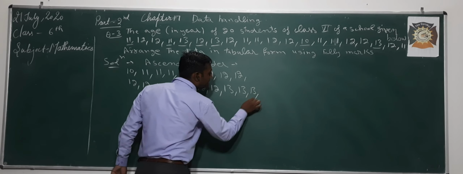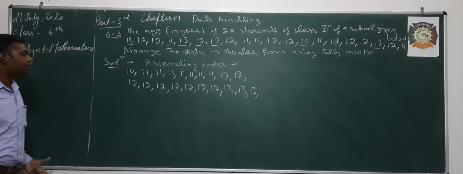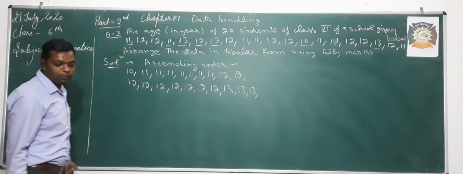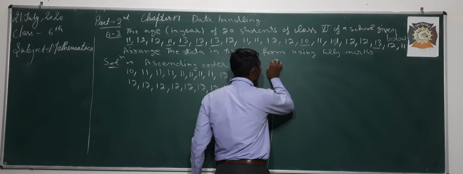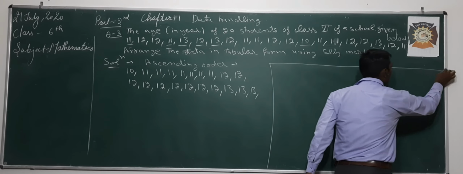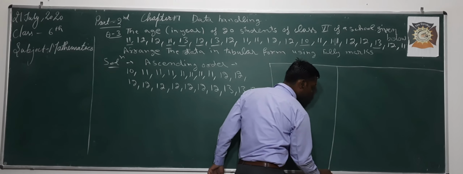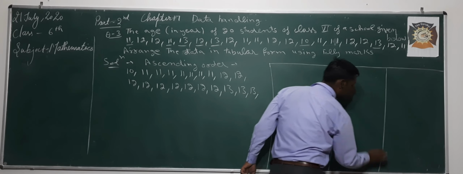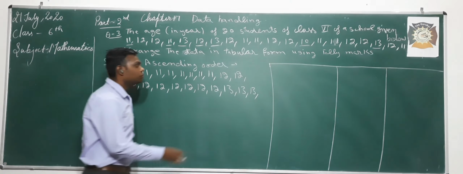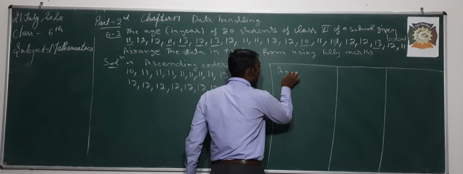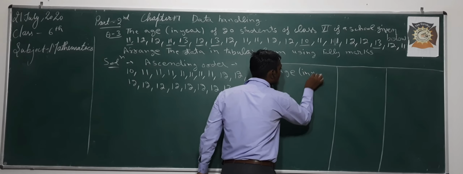Now we have to arrange this data in tabular form. We have to make a table with 3 columns. In the first we have to write the age of the students, age in years.